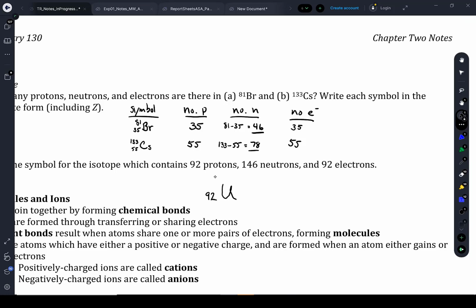And then the most common mistake is people then write 146 up here. And it's not 146, it's what? This number here is going to be 146 plus 92. Protons plus neutrons. So 146 plus 92, which is 238, right? Good.